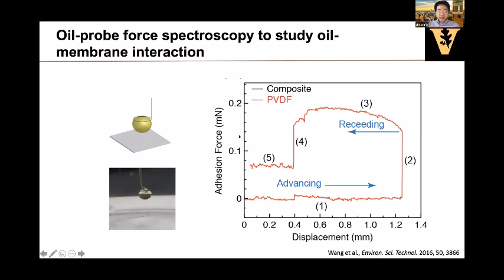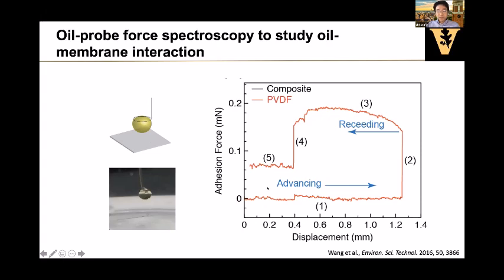The second thing is that if the oil actually adheres to the membrane strongly, then when you retract the probe, which is this part of the curve, eventually the droplet would split and part of it would remain on the membrane. And you see a difference between the original baseline and this baseline after the retraction.